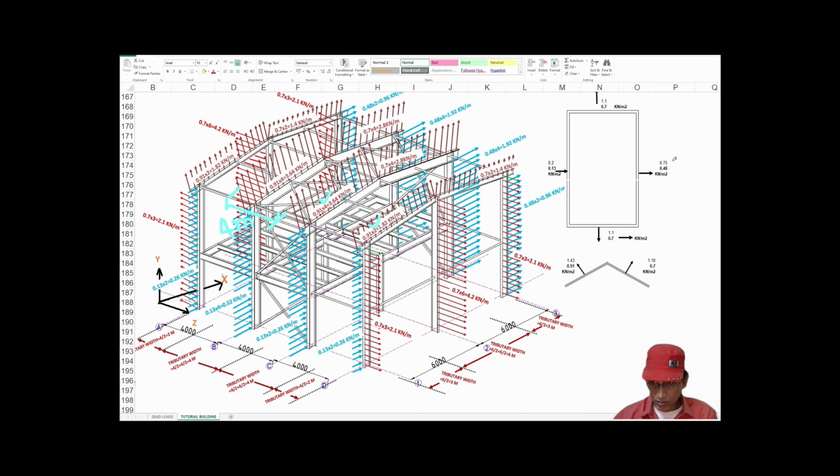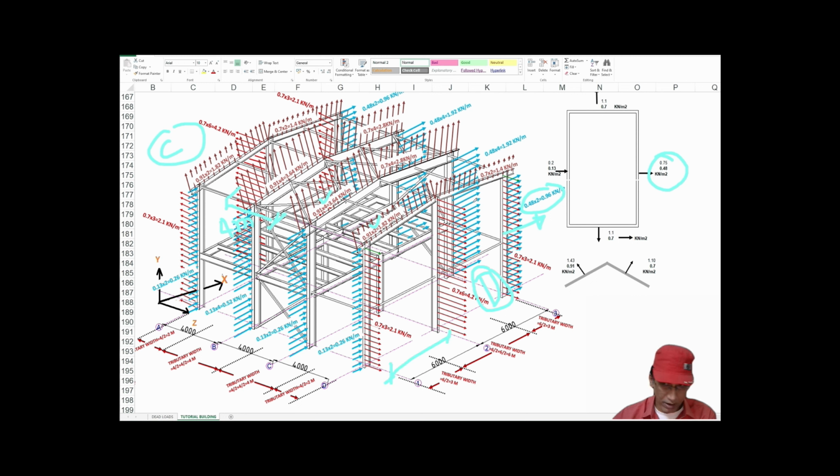Similarly, on wall B, the magnitude of wind load is 0.48 kilonewton per meter square. On this column at the gable end, it is 0.48 into 2, which is 0.96; 2 is the tributary width of this column. Similarly, this is wall C and this is wall D. For wall C, the tributary width is 6/2, half of this, which is 3 meters.